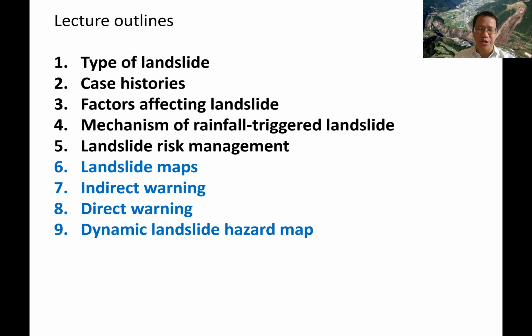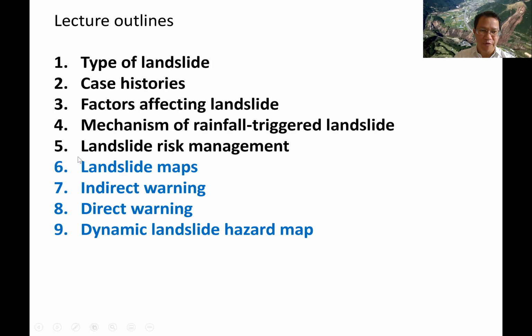I'm going to touch a little bit on that as well. And then we're going to concentrate on landslide risk management. Other than that, I may have some information to add, but we will concentrate on the first five outlines.